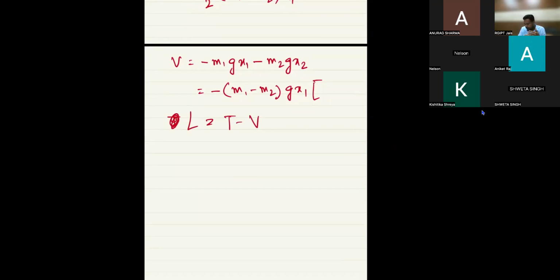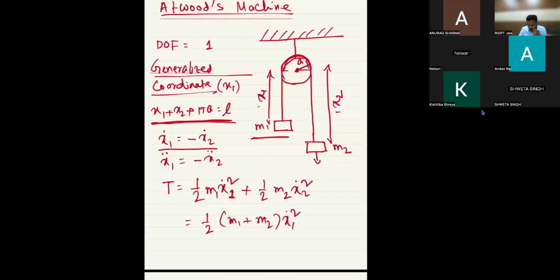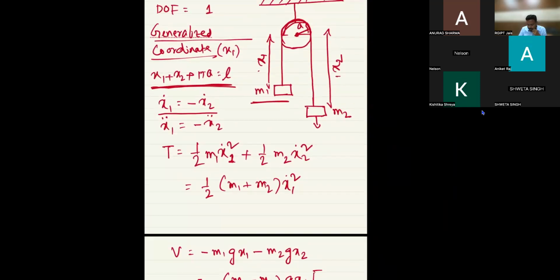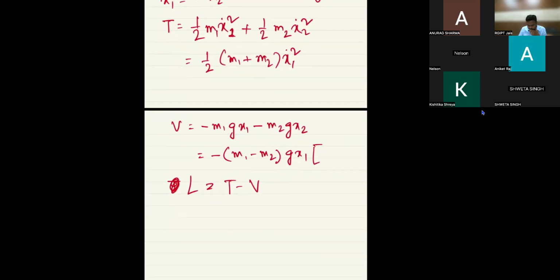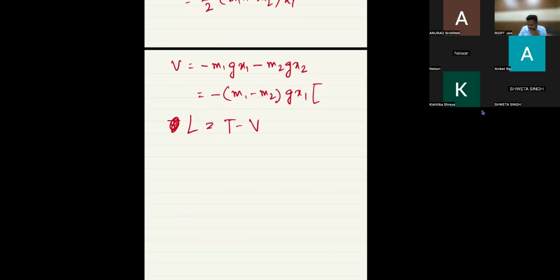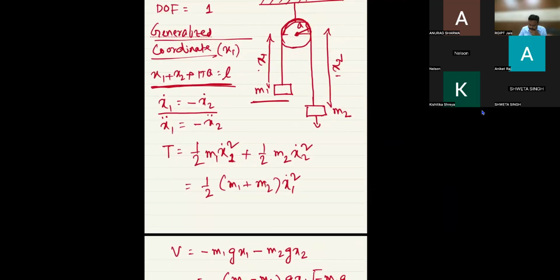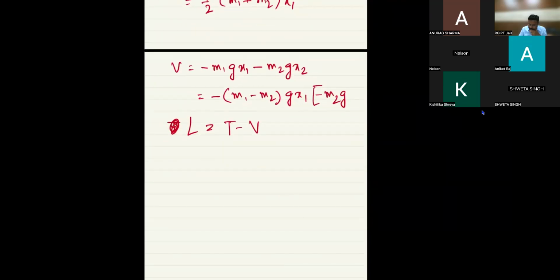Sir, here why do we take x1 equal to x2 in the equation of potential energy? Not x1 equal to x2, x1 dot is equal to minus x2 dot. Sir, then for potential energy we take m1 g x1. Then you will have this additional term m2 g (L minus pi a).